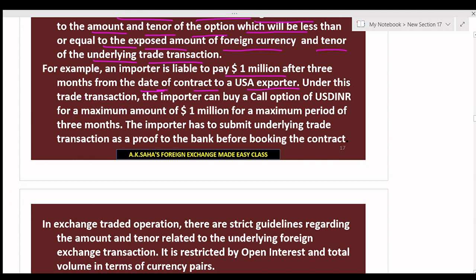Under this trade transaction, the importer can buy a call option of USD INR for a maximum amount of $1 million for a maximum period of 3 months. The importer has to submit the underlying trade transaction as a proof to the bank before booking the contract.